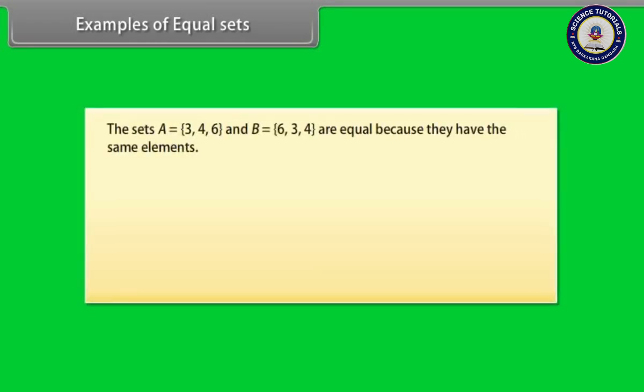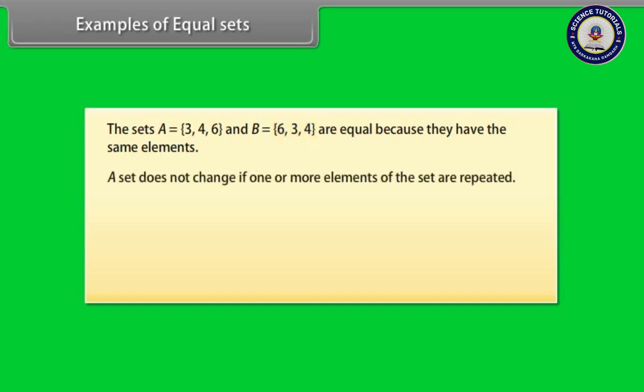Examples of equal sets. The sets A is equal to 3, 4, 6 and B is equal to 6, 3, 4 are equal because they have same elements. A set does not change if one or more elements of the set are repeated.